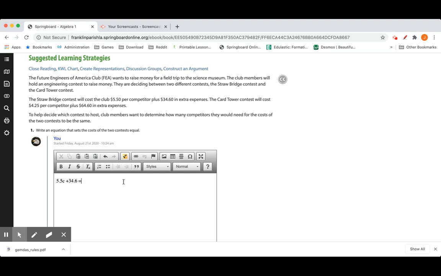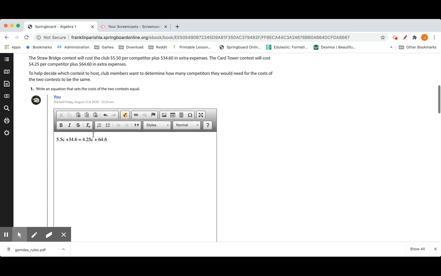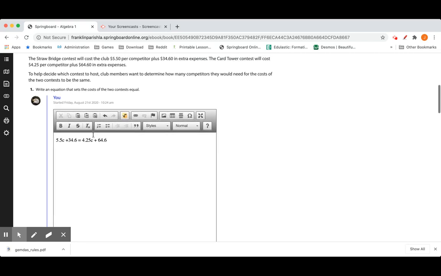We're going to set that equal to 425 per competitor, C, plus 6460 or 64.6. This would be the equation that sets the cost of the 2 contests as equal: first, Straw Bridge equal to the Card Tower.